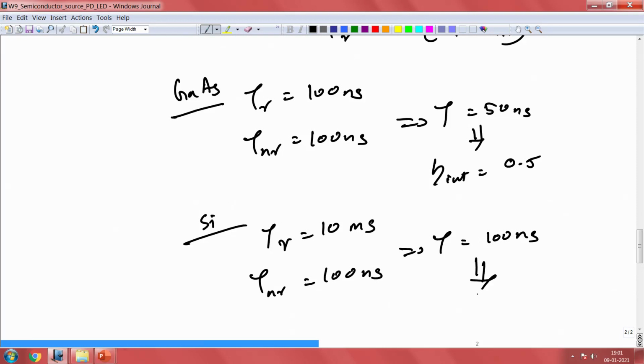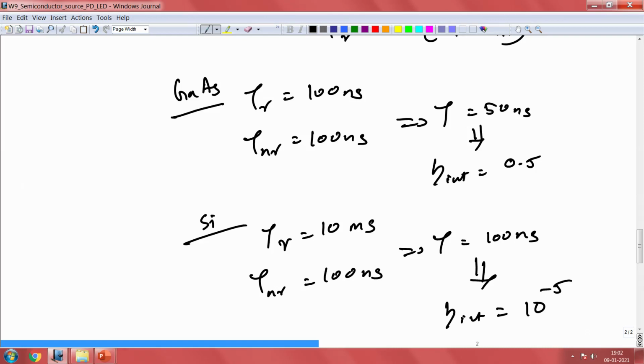So, this would be 100 nanoseconds. So, this would result in internal quantum efficiency of very small. So, this is going to be 10 to the power of -5 or -6. So, this is the reason why silicon is not a good emitter at all, and again it is an indirect band gap material.